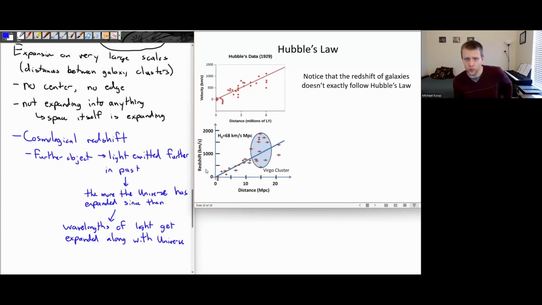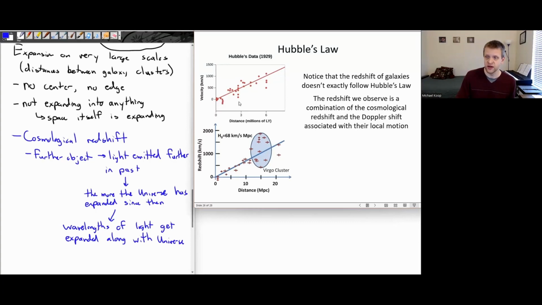In fact, when we look at some of this data of velocity versus distance for different cases, we notice that these galaxies don't exactly follow the exact line that's predicted by Hubble's law. There are some that are moving away a little faster, some that are moving not quite as fast away, or some that are even moving towards us.